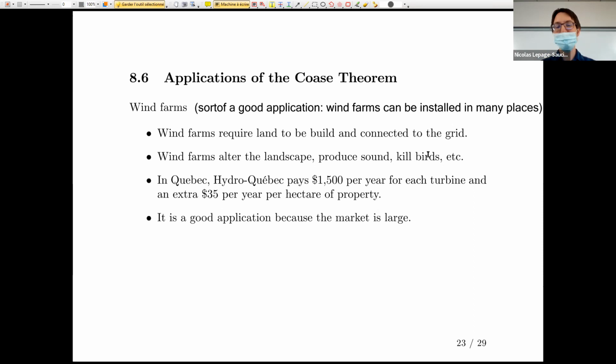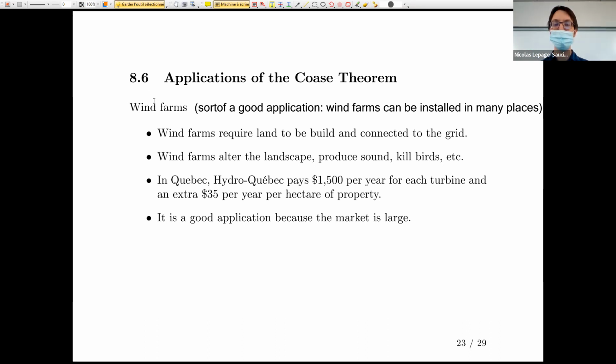And so what happens? Well, if you want to make people incur these costs, then you have to pay them. So Hydro-Quebec pays $1,500 per year for each turbine installed, and an extra $35 per year per hectare of property, which they must use on your land if you're a farmer.